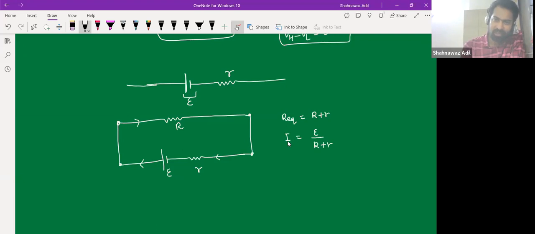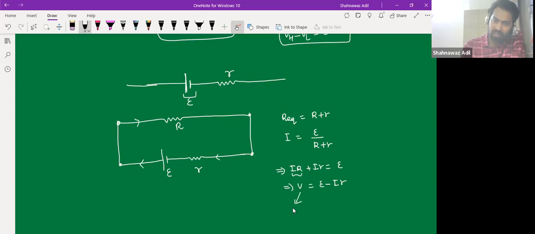If I take this term to this side, this is IR plus Ir, and this is the EMF. So this is the voltage across the external resistance, V, and this would be equal to E minus Ir.